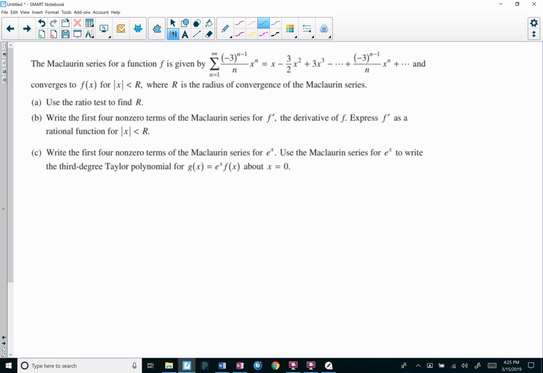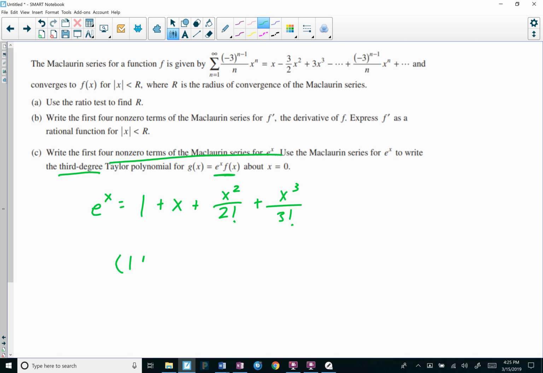Okay, part C, kind of a confusing one, but once again, not hard when you know what to do. It says, first of all, write e to the x. You have to know that one. That is one you were supposed to have memorized. I'm going to write the first 4 terms because that's all they asked me for. Now it says use that to write a 3rd degree Taylor polynomial for e to the x times f of x.